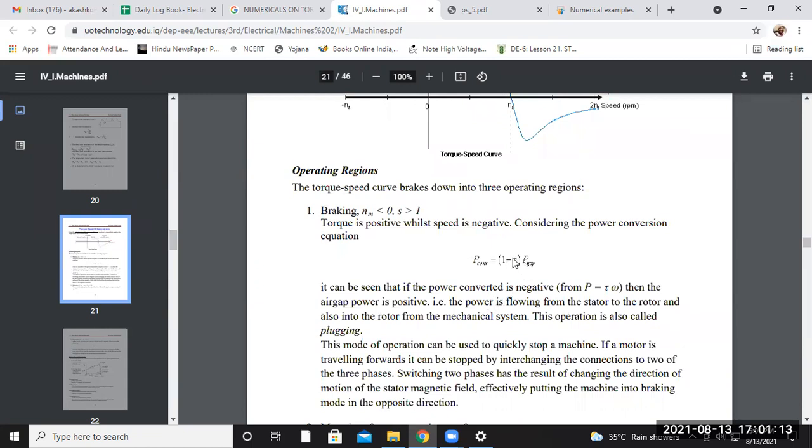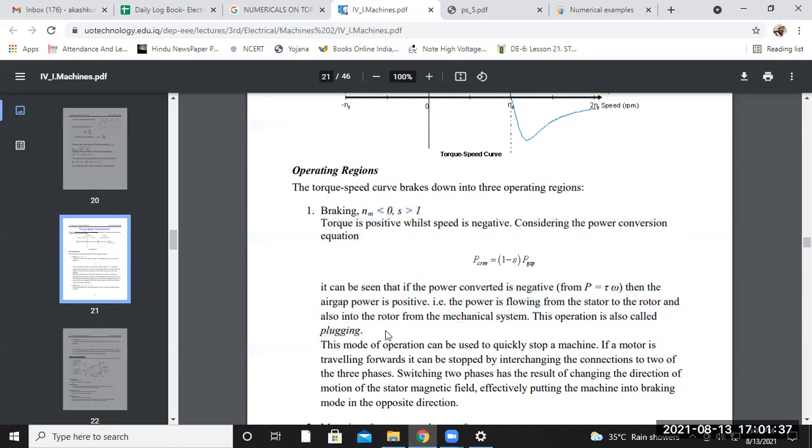If the slip is greater than 1, then the factor (1 - s) becomes negative, and the converted power becomes negative for positive air gap power. So, as written, the power flows from the stator to the rotor and also into the rotor from the mechanical system. This operation is called plugging.